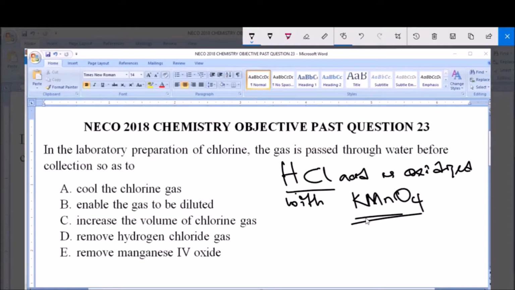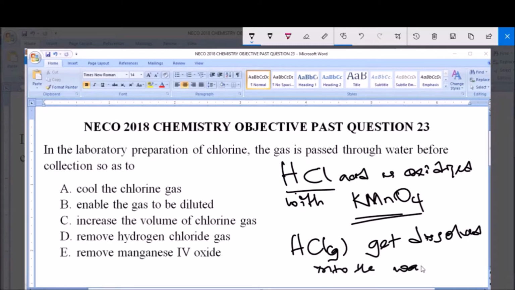Now, as this gas is moved, it gets to the water before collection. The essence of this water before collection is so that this hydrogen chloride gas that is evolved, that is the HCl gas, gets dissolved into the water.